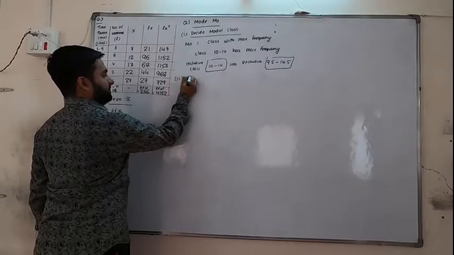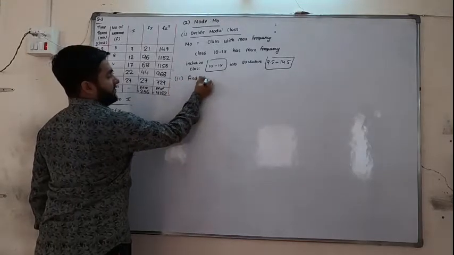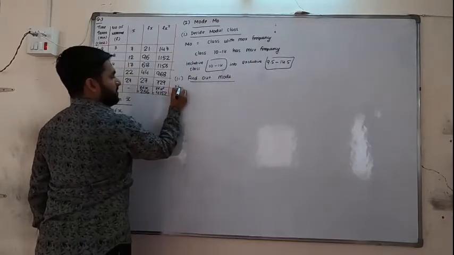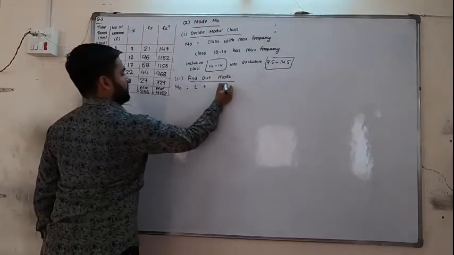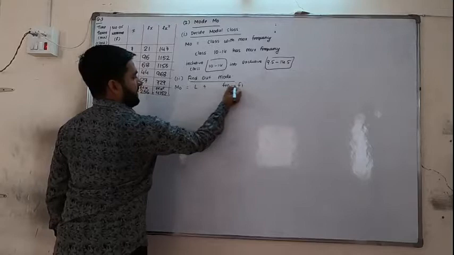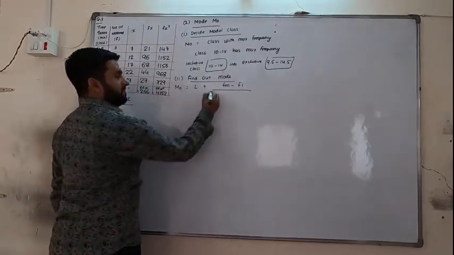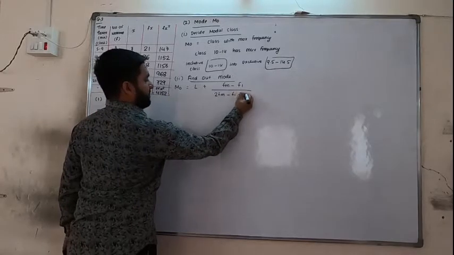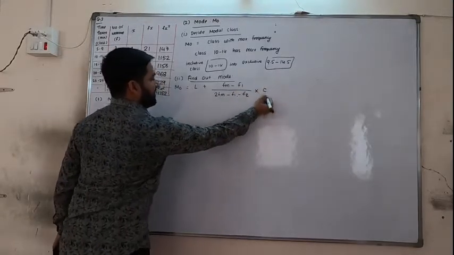Second step, find out mode. Mo is equal to L plus (fm minus f1) divided by (2fm minus f1 minus f2), multiplied by c.